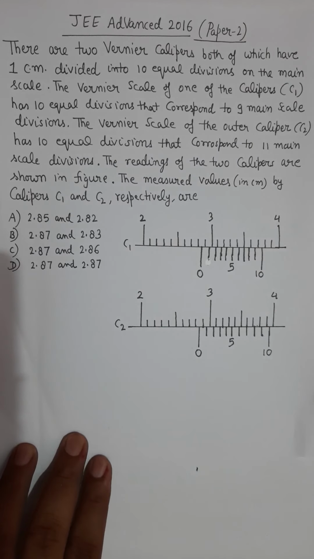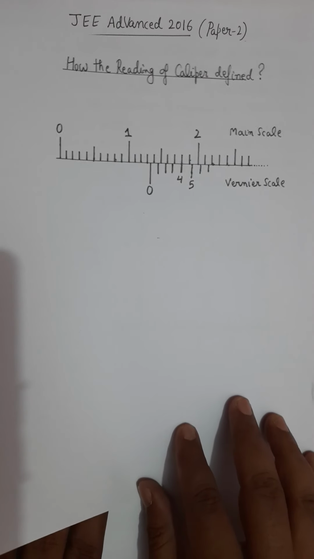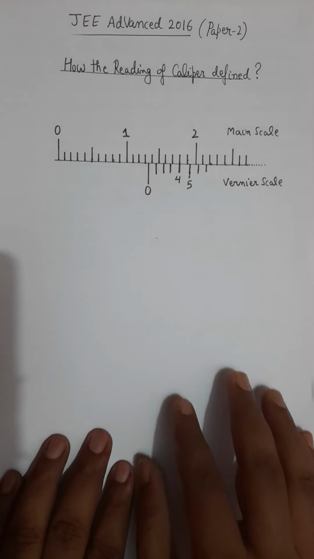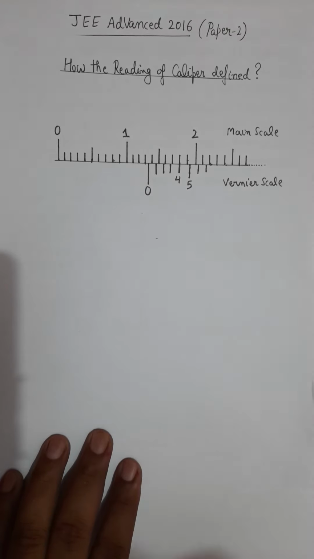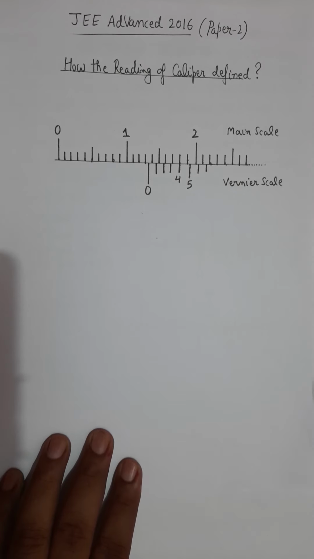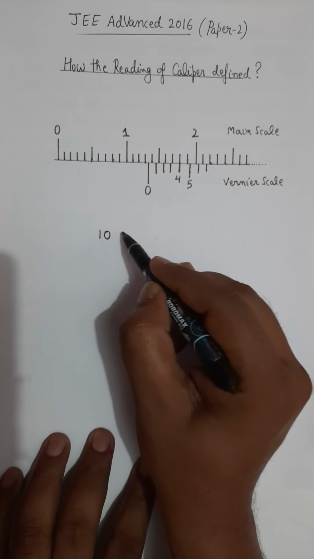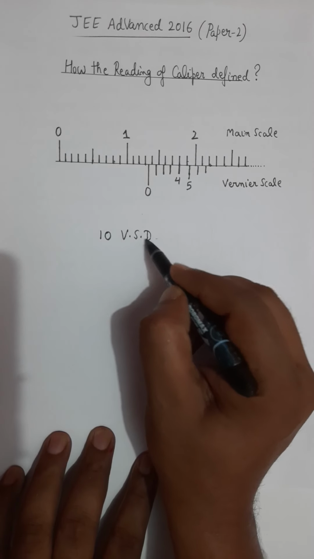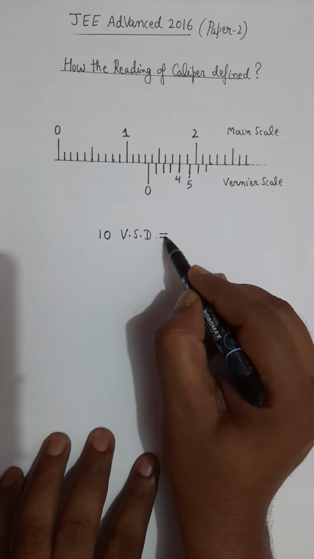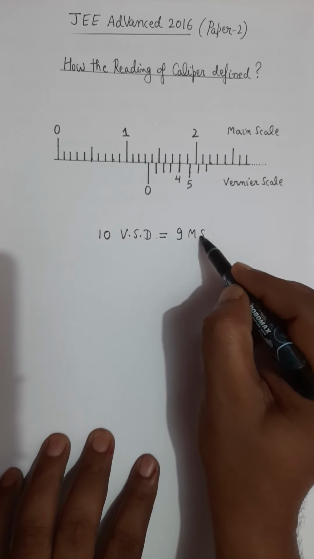So first, here is the theory. How is the reading of a Vernier caliper defined? Let's say this is a Vernier caliper, and in this question it is mentioned that 10 Vernier scale divisions are equivalent to 9 main scale divisions.